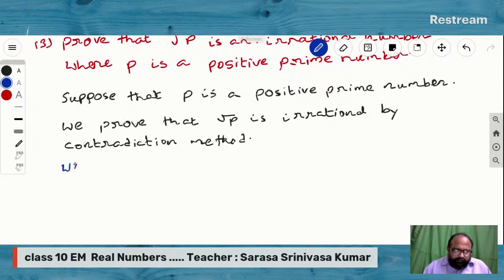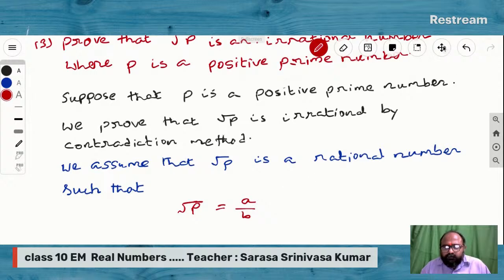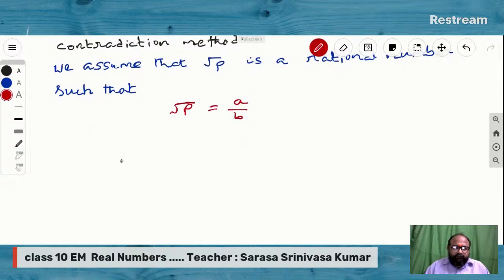So we assume that square root of p is a rational number such that square root of p equal to a by b, where condition 1, a and b are integers, b is not equal to 0.